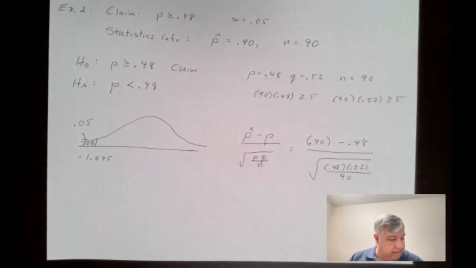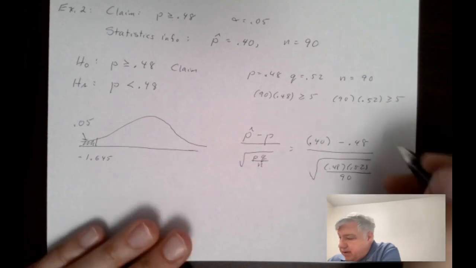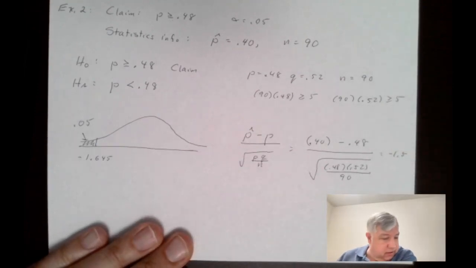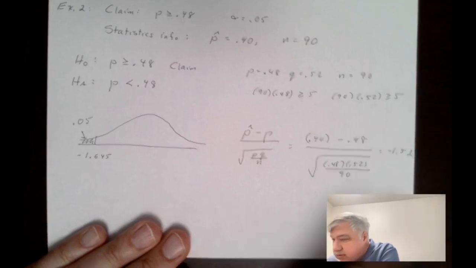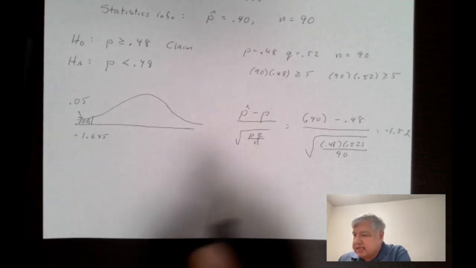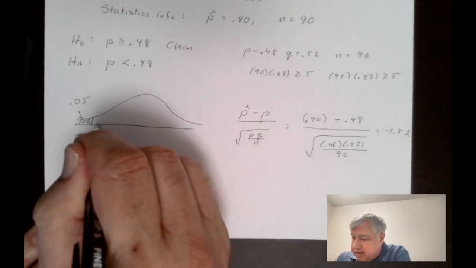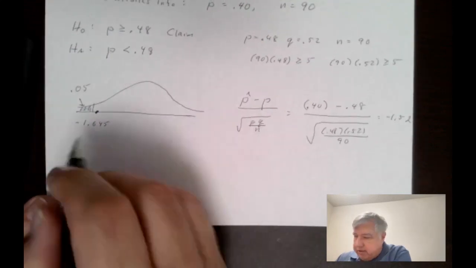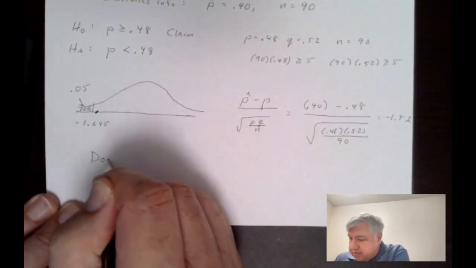And this turns out to be negative 1.52. We're running out of paper here, but that's all we need. We can see this is just outside of the rejection region. It's close, but no cigar. So once again, we don't reject H0.